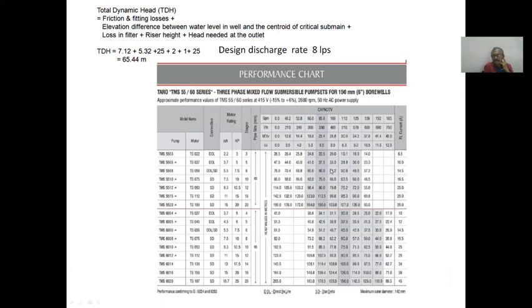For 8 LPS it is nearby 8 LPS. See here liters per second 8 LPS, and head developed is here. Head developed is near 65. So 66.5. So see here, you can purchase this pump, 7.5 kilowatts, 10 HP, this model. So this is the way one should select the pump.